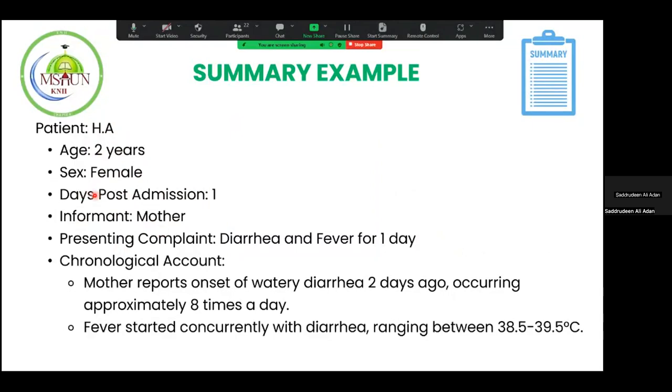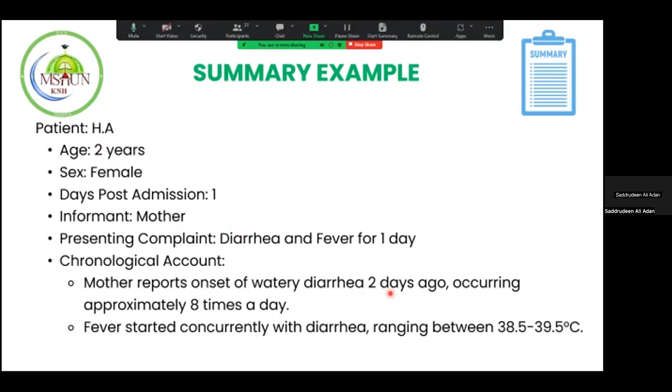So I can say, I am presenting Halima Ali, a 2-year-old female, 1 day post-admission, whose informant was the mother, presents with diarrhea and fever for 1 day. The mother reports an onset of watery diarrhea 2 days ago, occurring approximately 8 times a day.